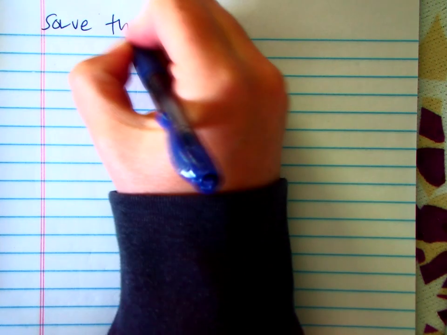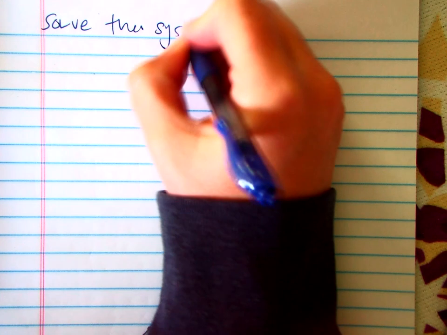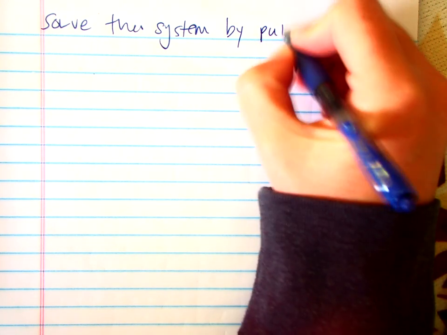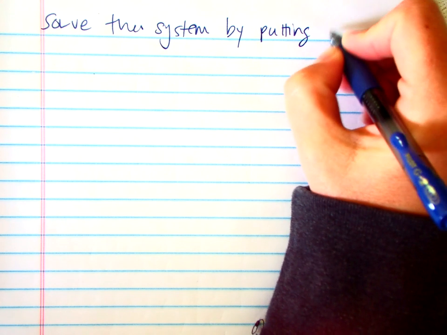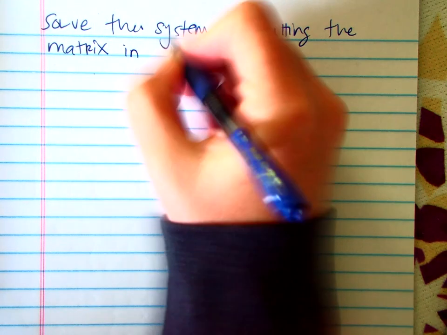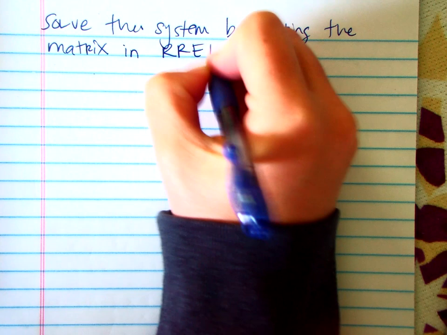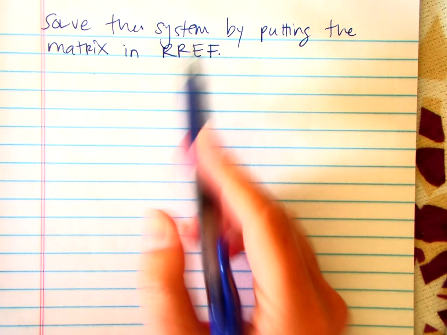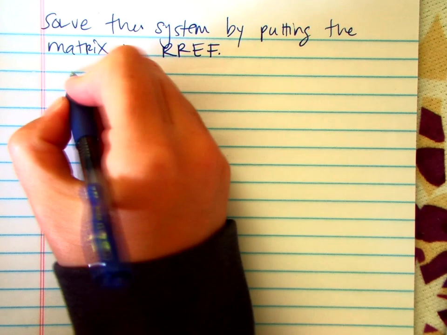So, solve the system by putting the matrix in reduced row echelon form. I'm not just lazy, this is literally how directions would be given to you. I'm also lazy, but that's not why I'm doing it.